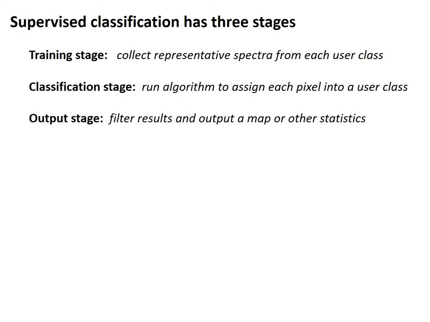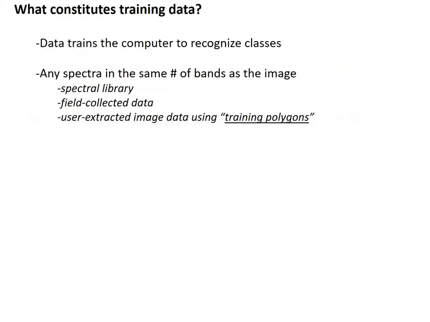And then we've got the output stage, where we'll usually filter the results to create some kind of map or statistics. And it's important to know classification is never 100% successful. So actually the post-processing and the output stage can be incredibly important to clean up your classified map.